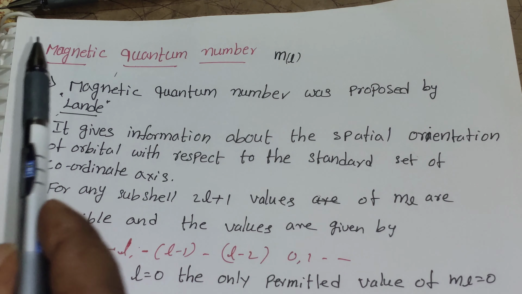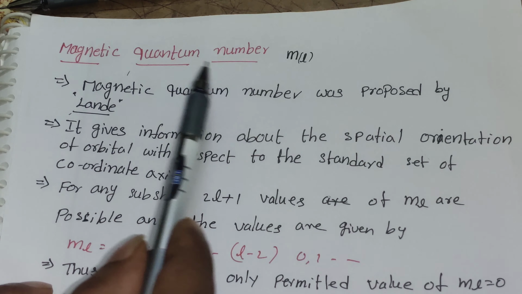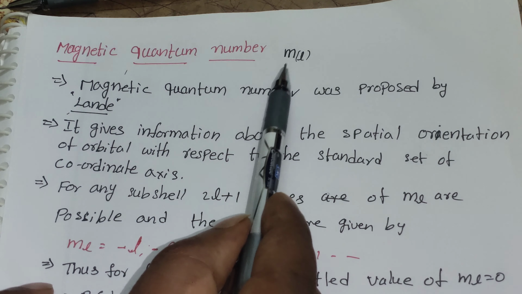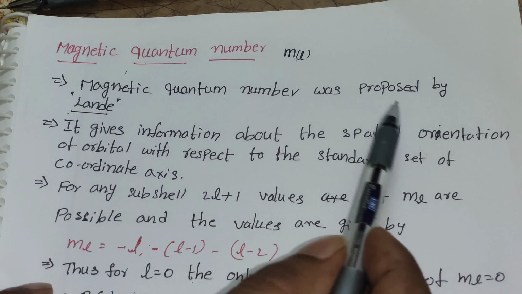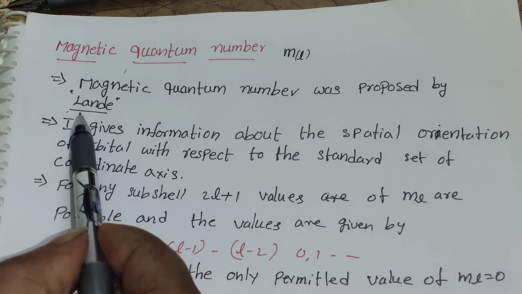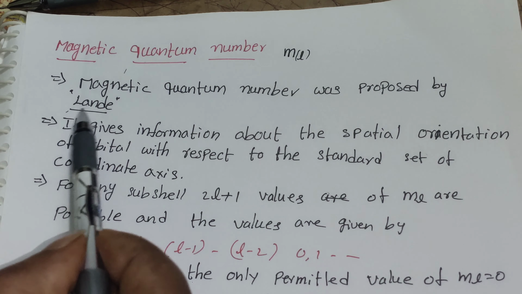Okay students, next one. The next quantum number is the magnetic quantum number, denoted by the letter ml, and it was proposed by the scientist Lande.